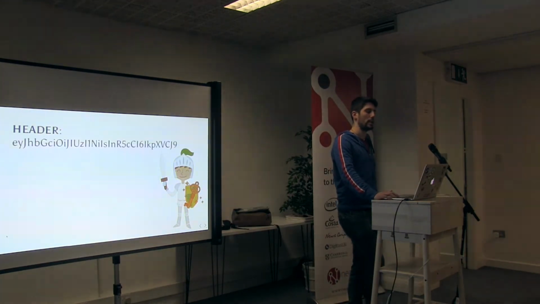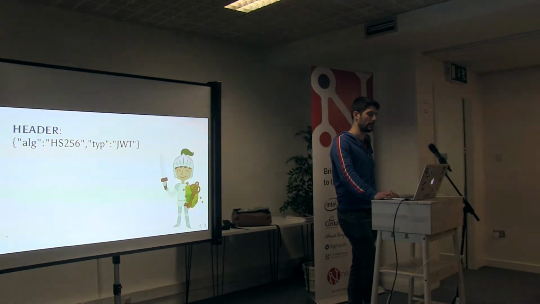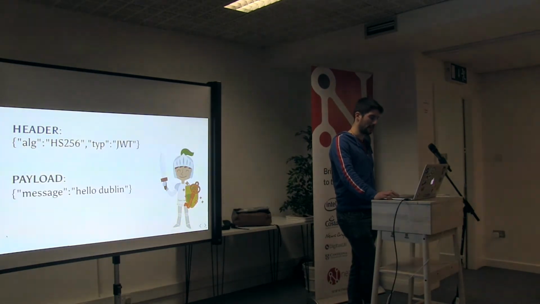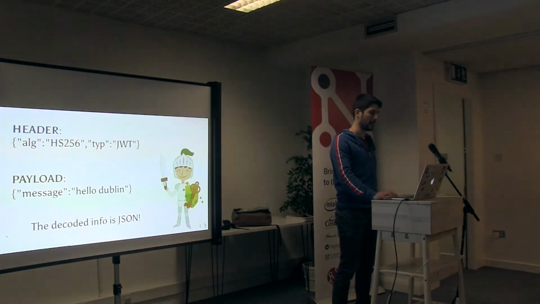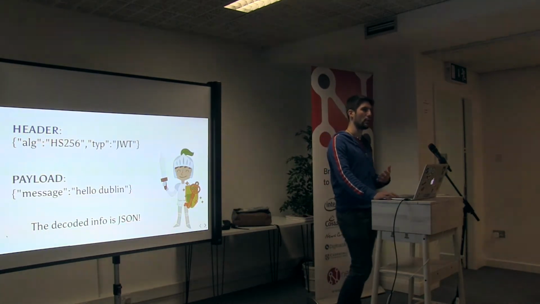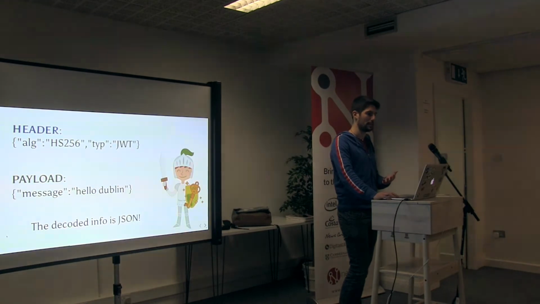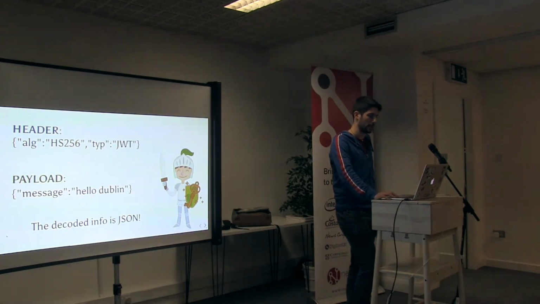When we try to decode the header, that's what we get. When we try to decode the payload, that's what we get as well. So the data is JSON. And you will start to understand why I said before that the token is stateless or self-contained, because there is data inside that you can read without having to query a third-party authority.